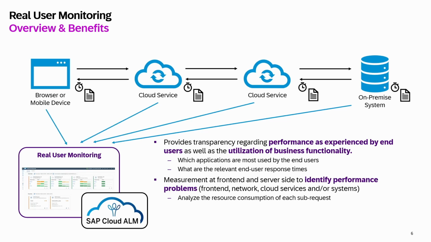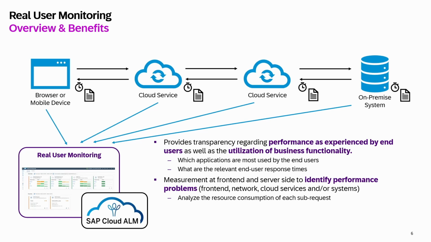As said before, we have different sources where we collect data from. The most important one for end users is the browser or the mobile device. This can either be a laptop, a mobile phone, or an RF gun from a warehouse management. We have several cloud services where we can collect data from, or on-premise systems.